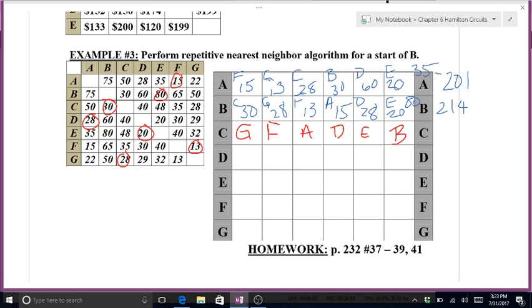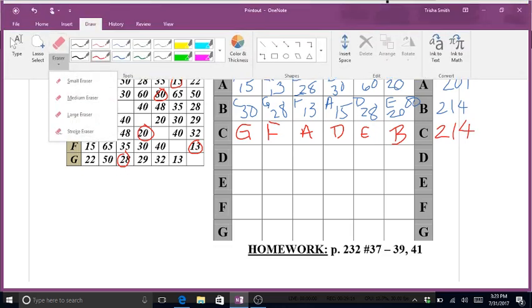Okay, so we've got 28 plus 30 plus 28 plus 20 plus 80, 15, and 13. 214 again.